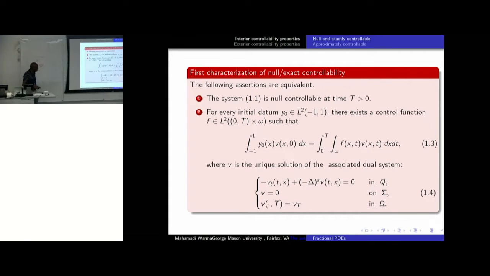Here v is the solution of what we called yesterday the adjoint equation, or the backward equation. It is the backward heat equation in time, and here is the final datum. Then this is equivalent to null controllability. If you can prove that, you can say that your system is null controllable.